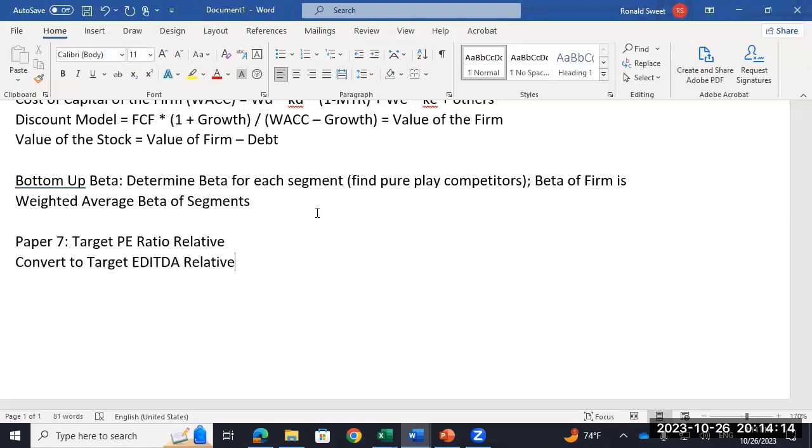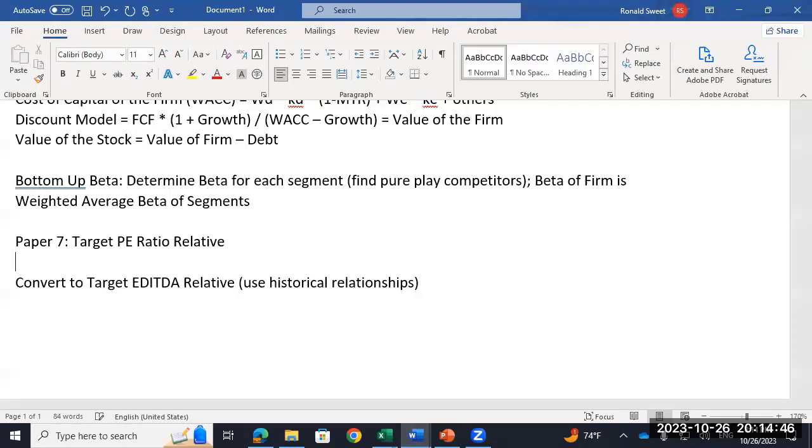So what I'm going to suggest is use historical relationships. That's going to make it easy. In paper 7, we'll bring that data in, so it'll be pretty easy. So the PE ratio is normally 60% higher than the EBITDA ratio. So I'm just going to take my target PE ratio and divide it by 1.6, and that's going to give me my EBITDA ratio.